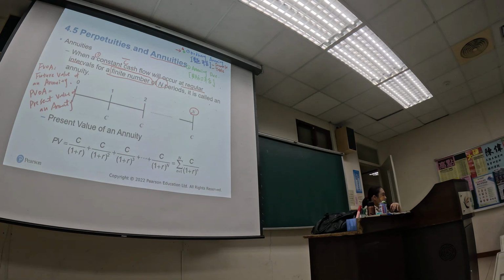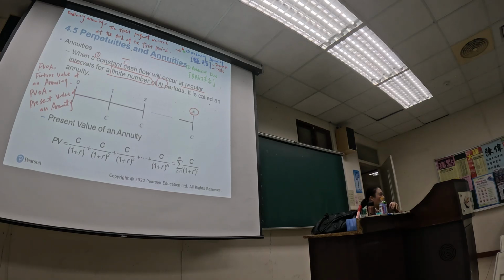Here, ordinary annuity means the first payment occurs at the end of the first period.